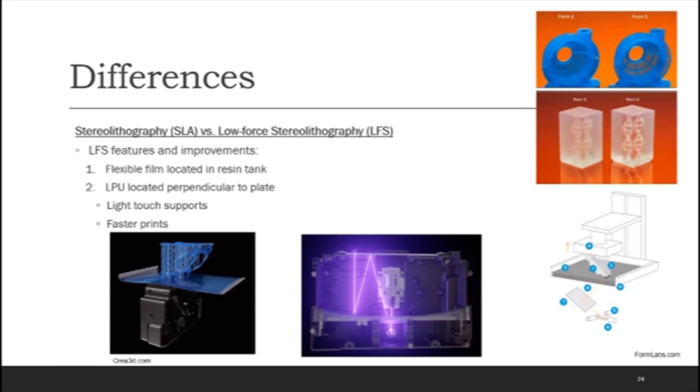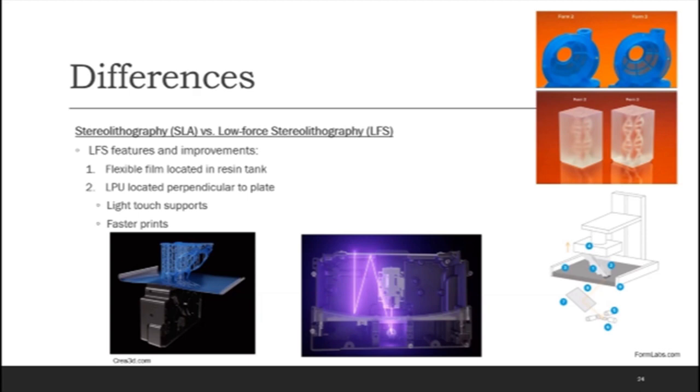And that helps making the print, especially if you're using a clear resin, more translucent. The pictures on the top right show the contrast that you see between the Form 2 and the Form 3 objects as they come out. So much nicer translucency on the Form 3.